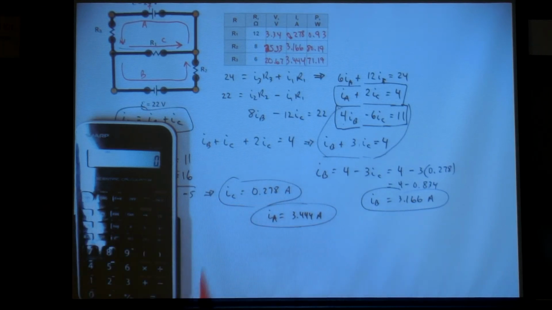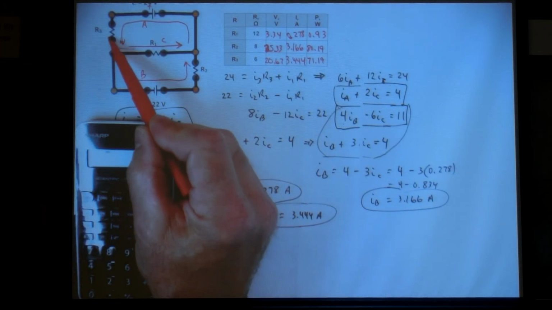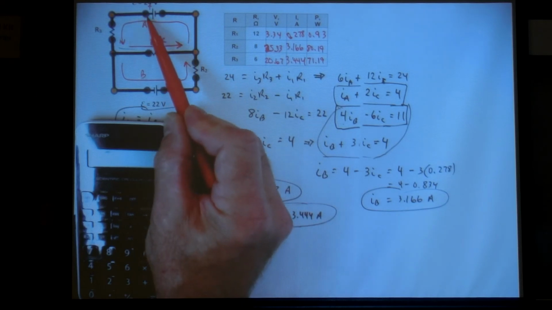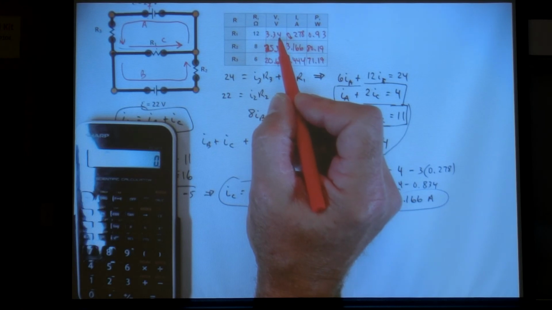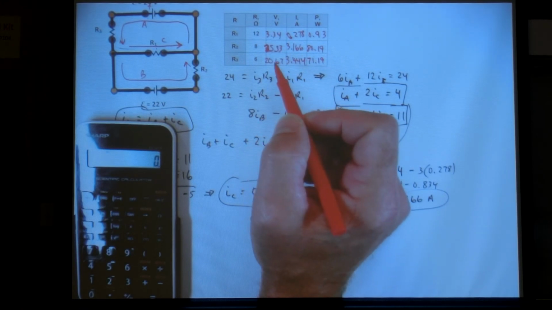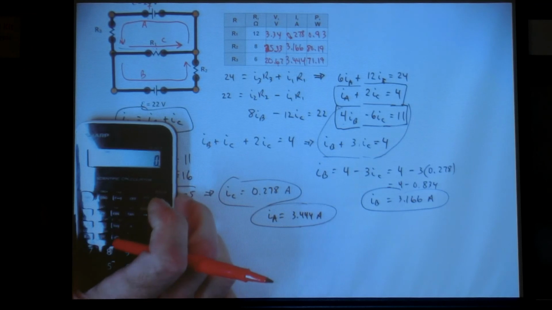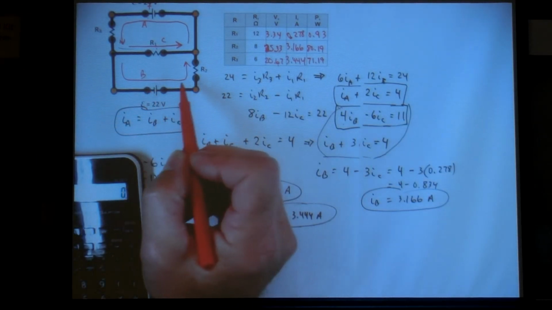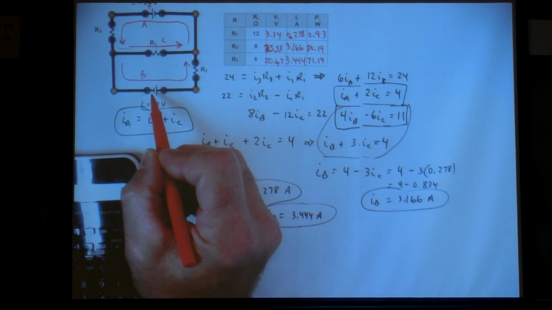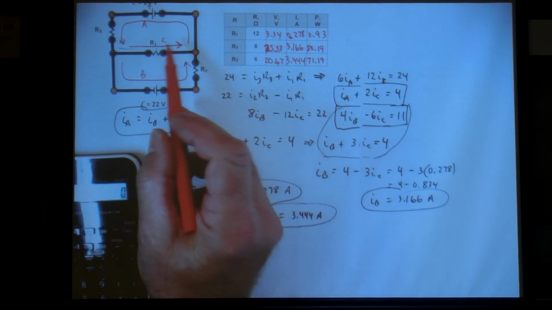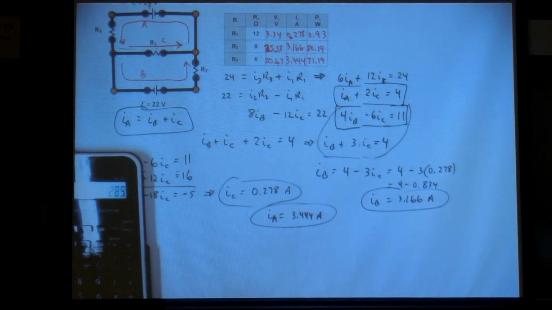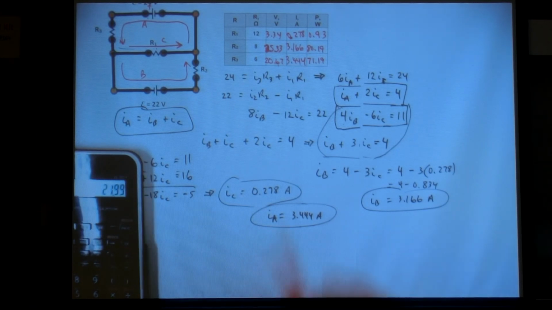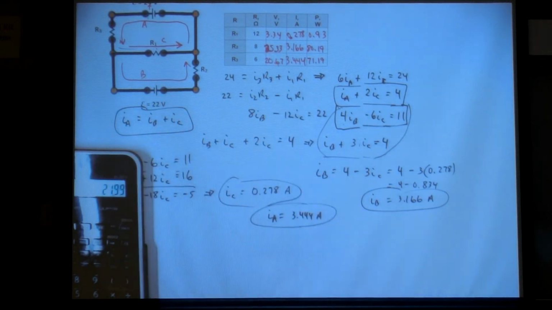So to check this, does voltage 3 plus voltage 1 equal 24? 20.67 plus 3.34 is 24.01. So that checks out. And then, for this one, does 22 volts equal voltage 2 minus voltage 1? 25.33 minus 3.34 equals 21.99, which is our 22.